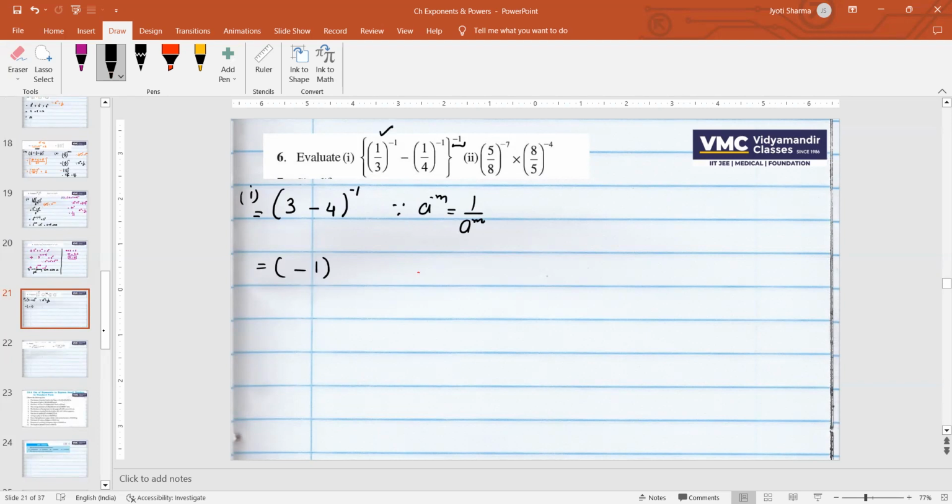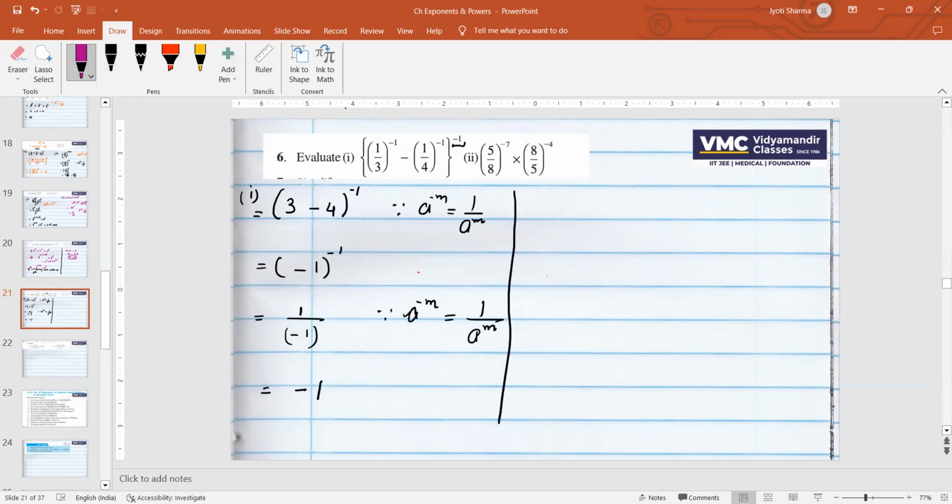Here also the same law is applied, because there is a minus sign. So I cannot write them as 1 by 3 multiplied by 1 by 4. They are getting subtracted. So minus 1 reciprocal is also minus 1. Thus, I have added one step. Otherwise, I could have written directly minus.